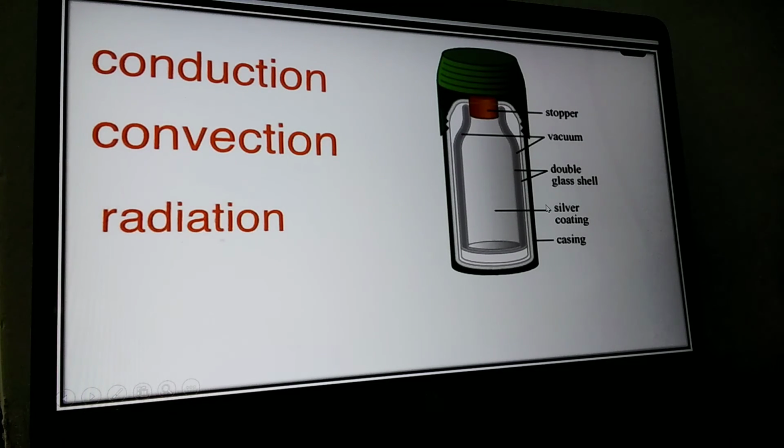Then the silver coating helps in radiating as well as reflecting, and metals are good conductors of heat, but the glass casing and rubber cork are working as insulators. So it is able to undergo the three processes and keeps the hot liquid as hot or cold liquids as cold when it is placed inside the thermos flask.